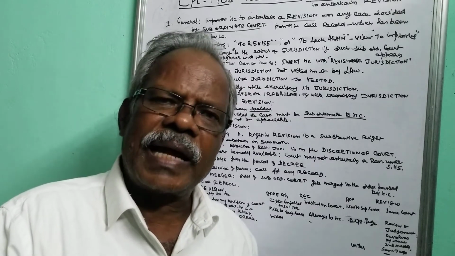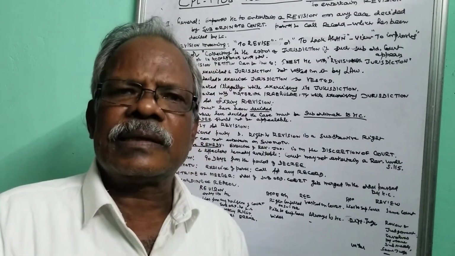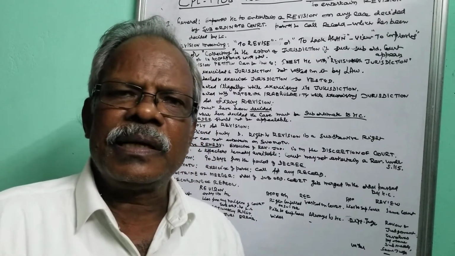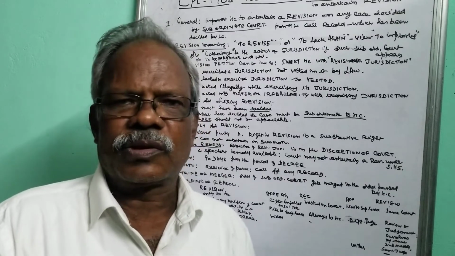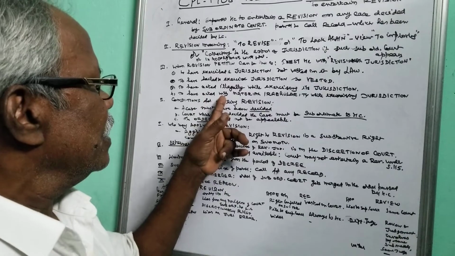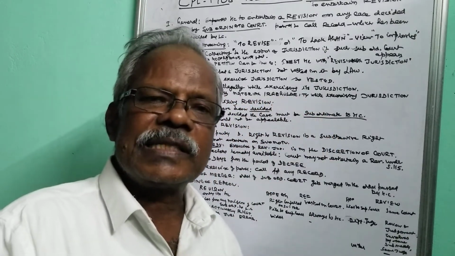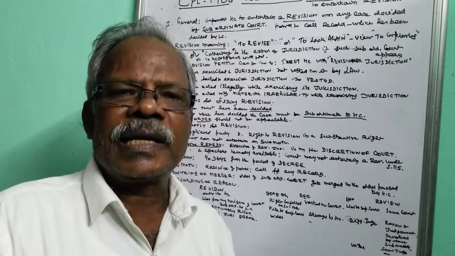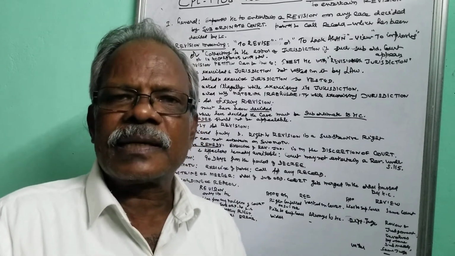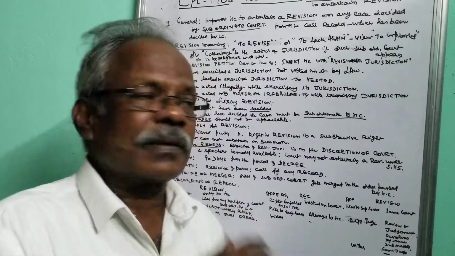And if it has acted over and above the vested powers also, then the petition can be taken up by the High Court. Then the last one is to have acted with material irregularity. While exercising jurisdiction, if material irregularity is there, then the case can be taken up for revision.